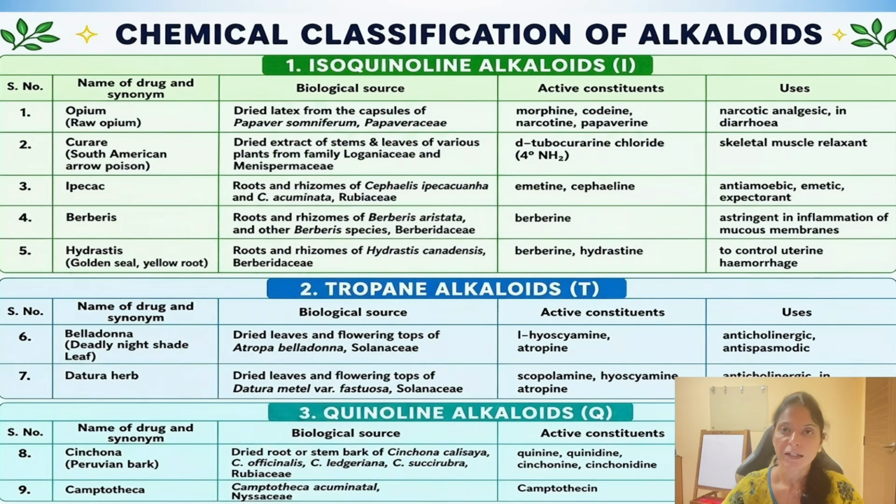The next example under isoquinoline alkaloids is curare, which is also known as South American arrow poison, and this was one of the most repeated questions in entrance exams as well as pharmacy semester exam MCQs. It is the dried extract of stems and leaves of various plants belonging to the families Loganiaceae and Menispermaceae.